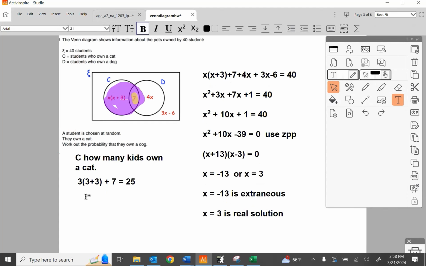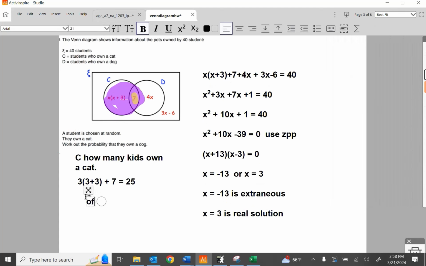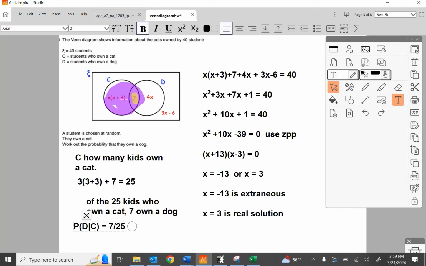So again, of the 25 kids who own a cat, 7 own a dog. So the probability of owning a dog given a cat is 7 in 25. Pretty cool, huh? I don't know. Do with it as you will.